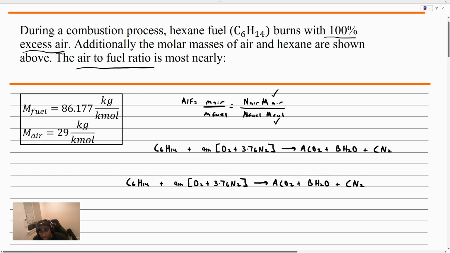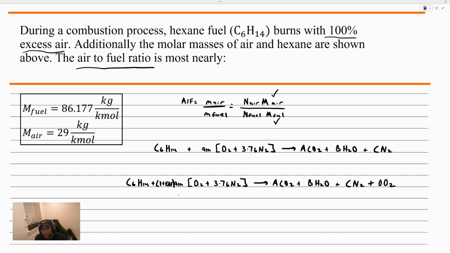If we wanted to modify this to allow for some amount of excess air, then all we do is multiply this by a factor, 1 plus the excess air fraction. We multiply that by the amount of air that we have, and we'd gain a term on the right-hand side, which would be some amount of unburnt oxygen, that excess oxygen term.